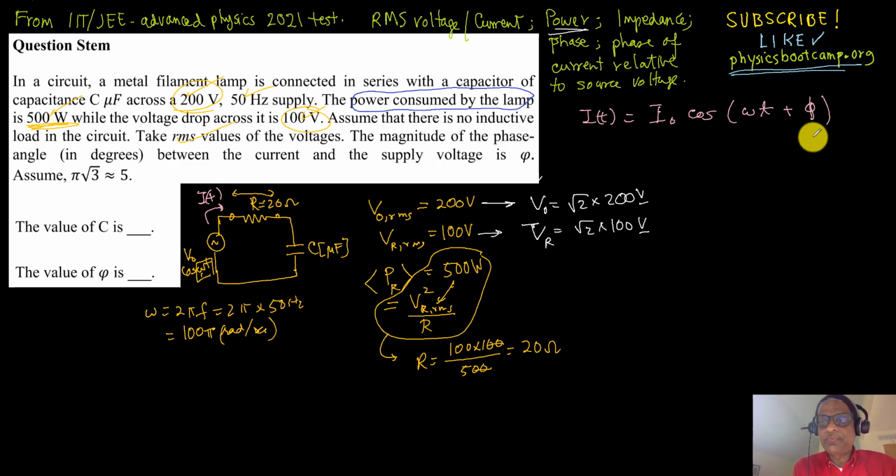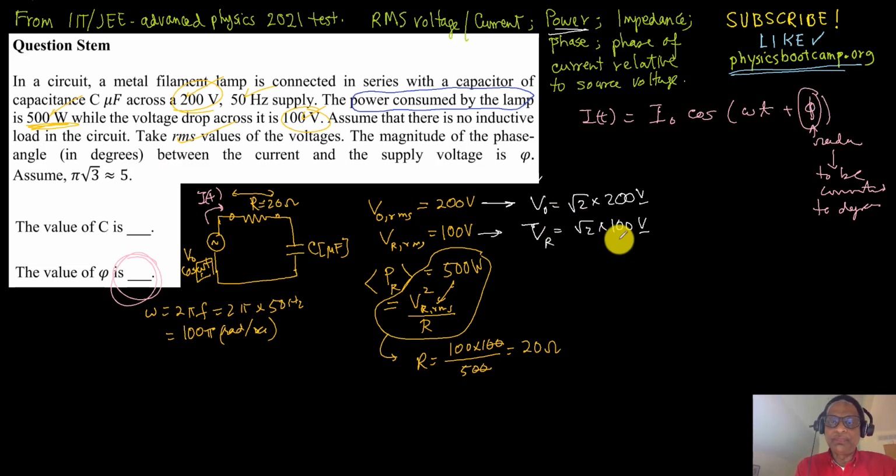We've got this in radians right now, but the answer is supposed to be in degrees, so we'll convert this to degrees. And because the phase is needed, we're going to need these.